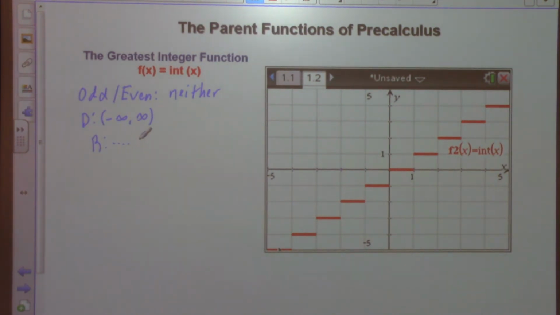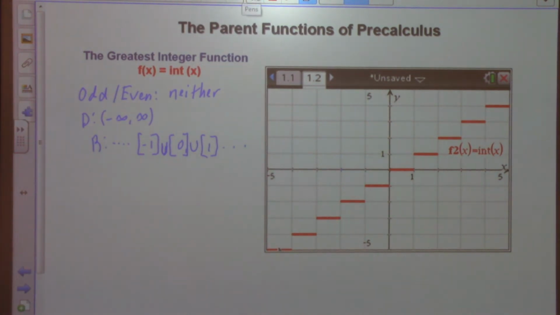I'm going to put -1, and actually I'm going to put union here like this. U for union, 0, union, 1, and so on. So that's going to be our range. Pretty weird.